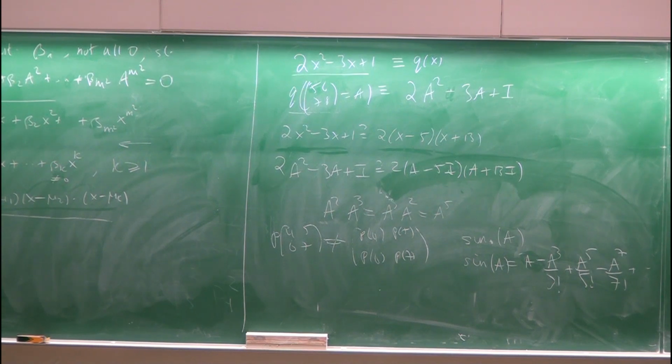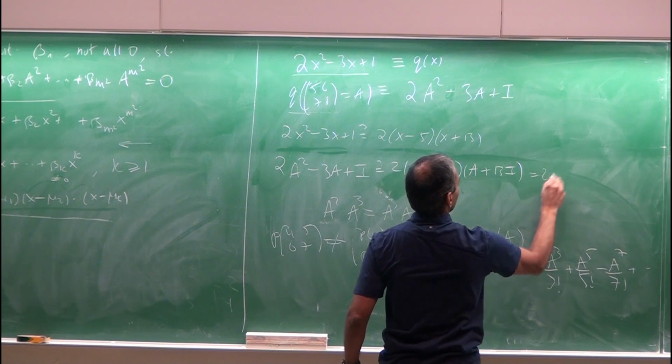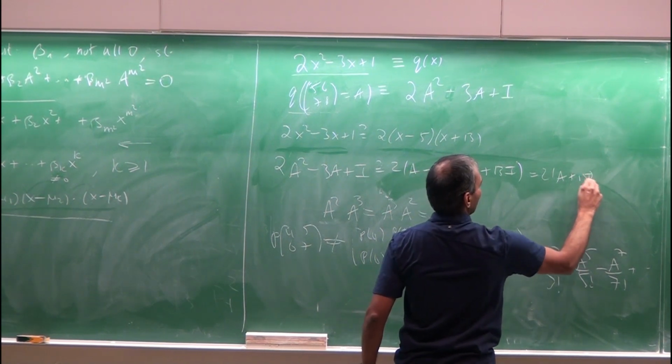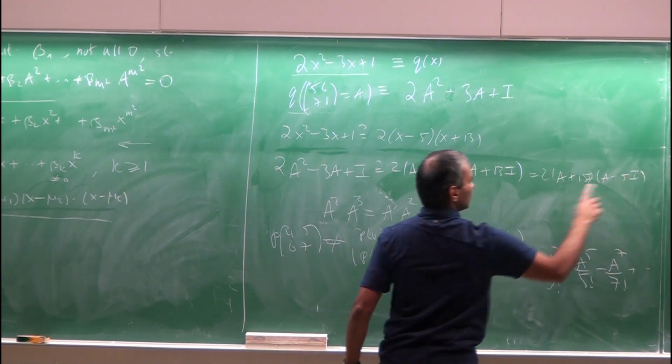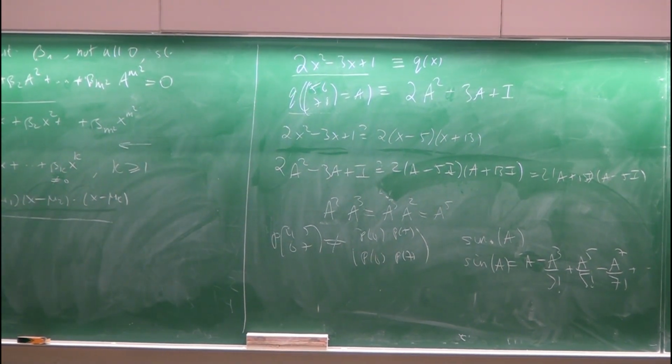You should, of course, prove this for yourself. Make sure that you can actually write this the other way, A plus 13i times A minus 5i. Make sure that you can check those two matrices commute no matter how big that A is, as long as it's a square matrix.